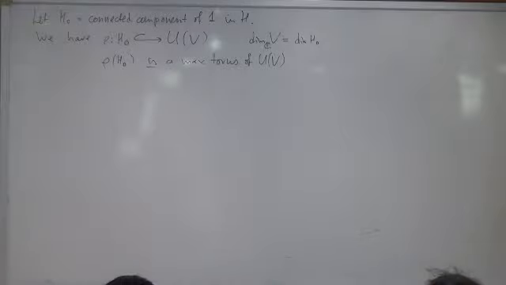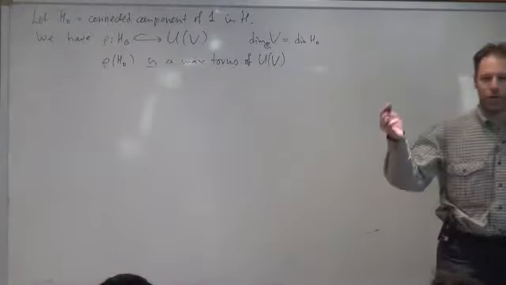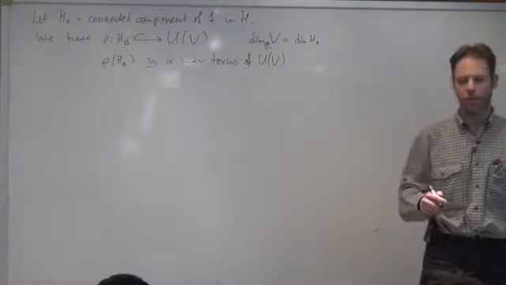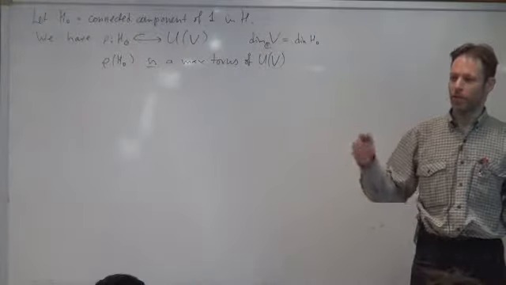Well, now you remember your linear algebra. You look at all the unitary matrices that commute with the diagonal ones, and what do you find? If I have a unitary matrix that commutes with all the diagonal matrices, it's again diagonal.